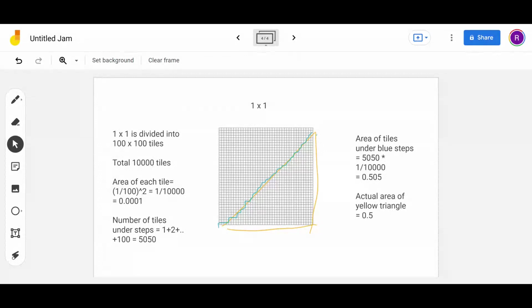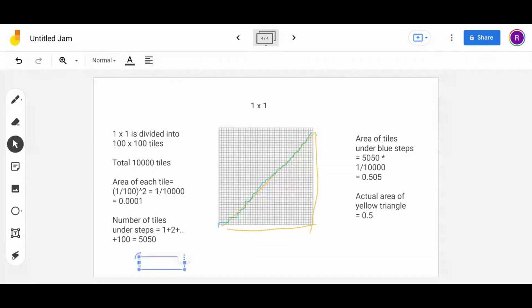It's like the resolution of a screen on television or a computer monitor. The moment you make the resolution finer, the blue thing will almost look like a straight line. So if I have million by million, can someone tell me, using the same 1 plus 2 plus 3 kind of thing, how much area will I get under the blue thing?